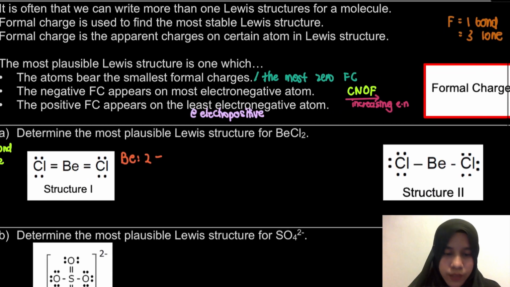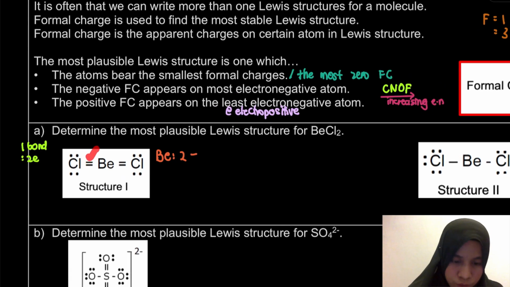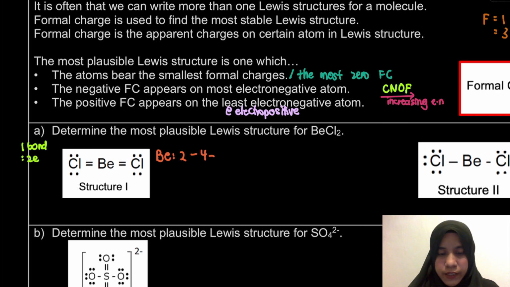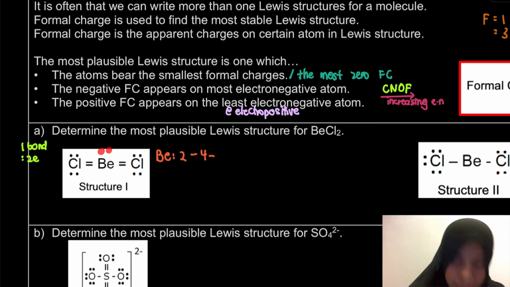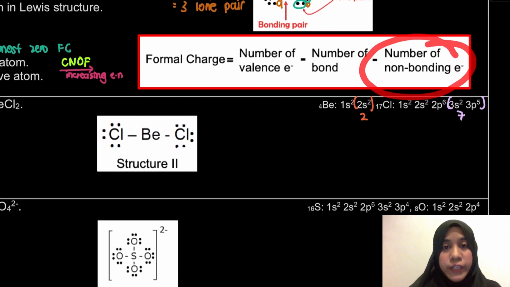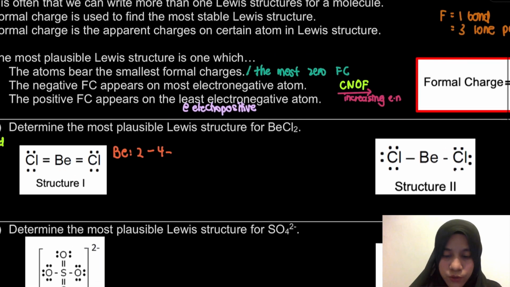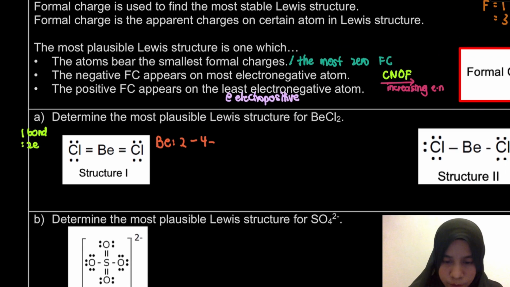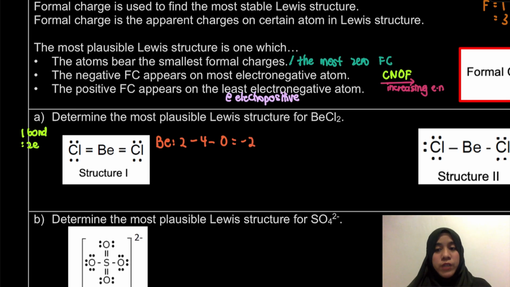How many bonds does it have? 1, 2, 3, 4. Minus 4. And then minus the non-bonding electrons. Does it have any non-bonding electrons? Tak ada kan? Dia memang dah capai octet. So the non-bonding electrons are actually 0. So 2 minus 4 minus 0 is actually negative 2.